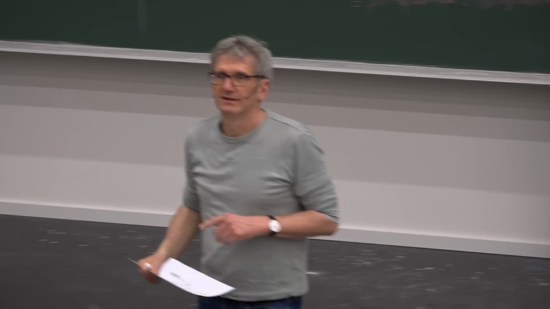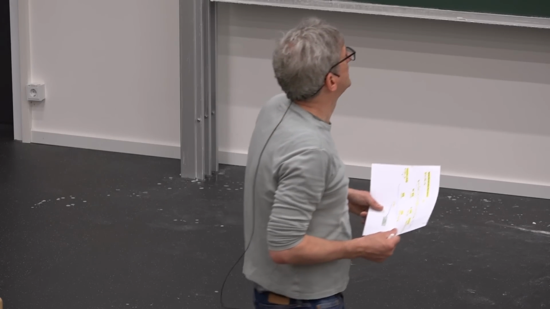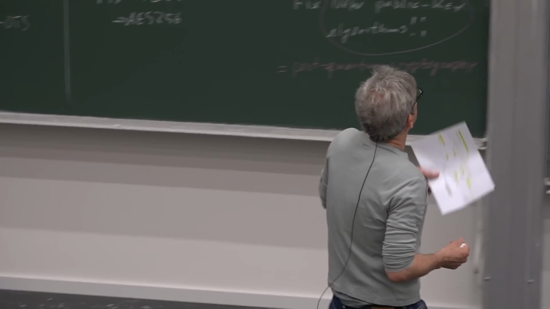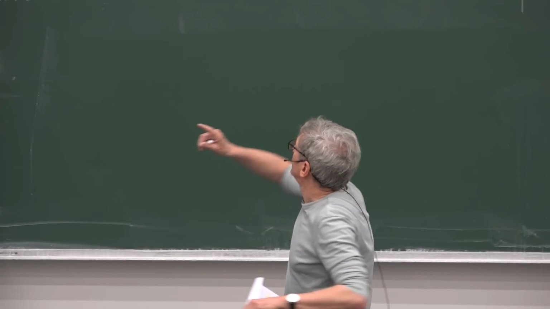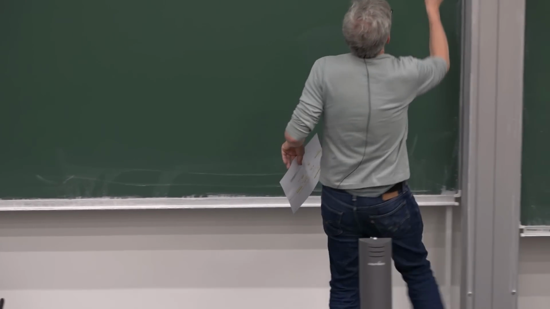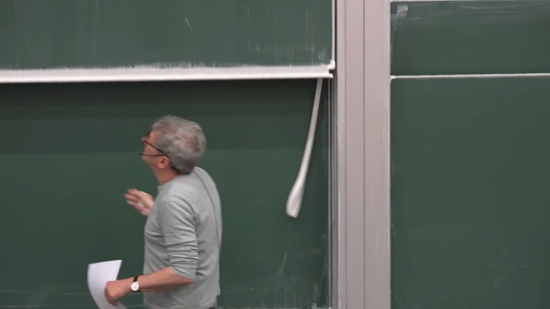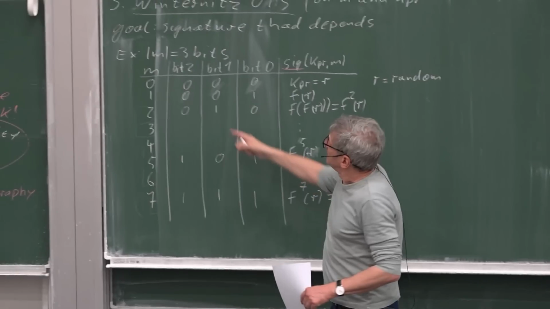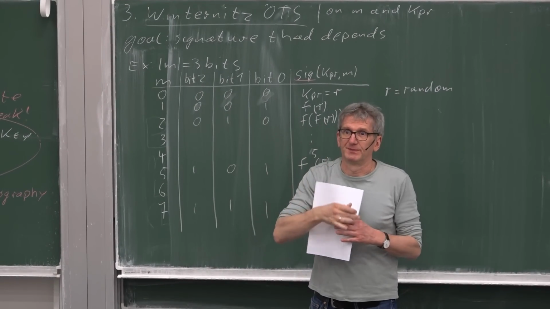Sure. So if M has a bit length of 7, the output is the same as if it has a bit length of 1, because F to the R is the same thing. No. So first of all, the input is over 3 bits, right?